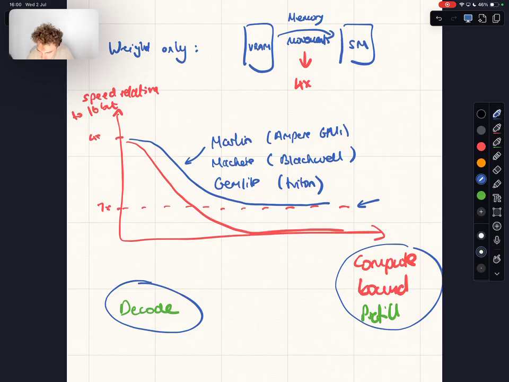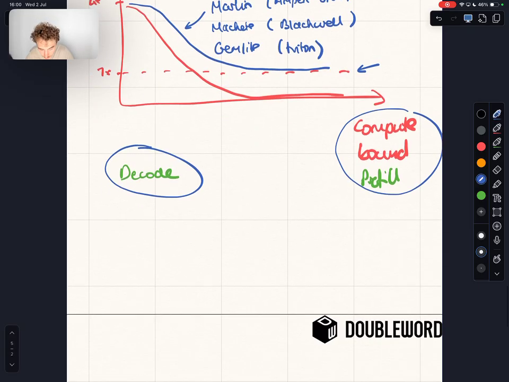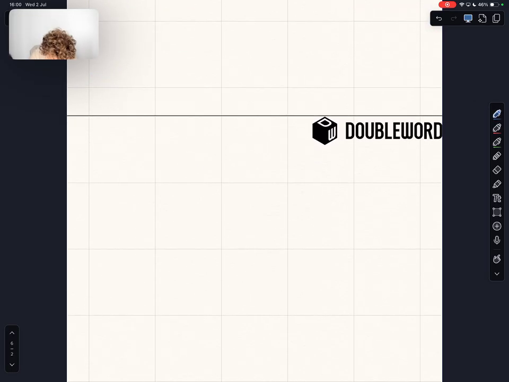So if you're in this scenario, where you're compute bound, you're actually more interested in using the other form of quantization, the weight-activation quantization.